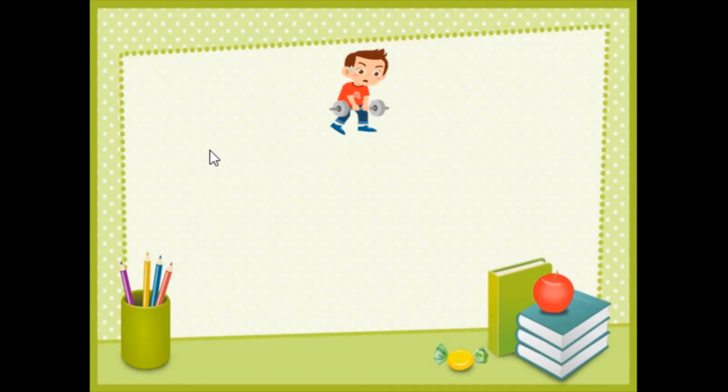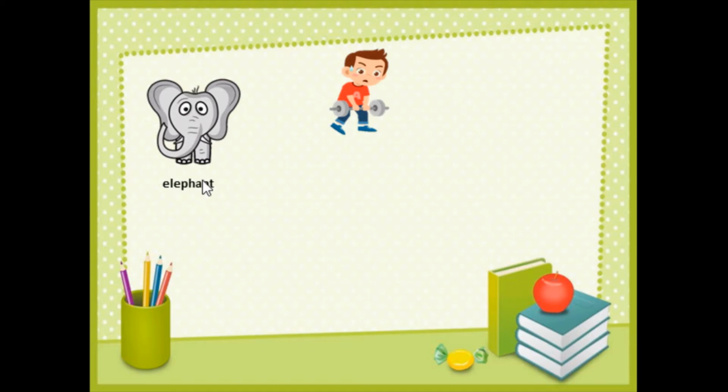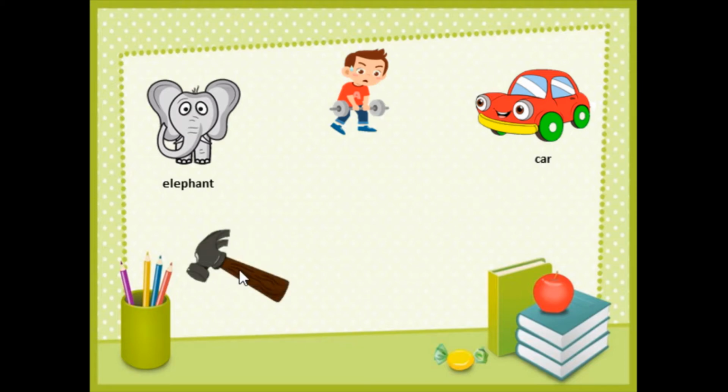What picture is this? Very good. It is an elephant. What is this? Good job. It is a car. What picture is this?